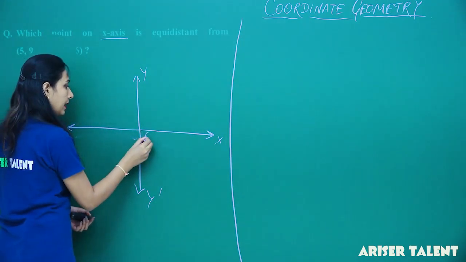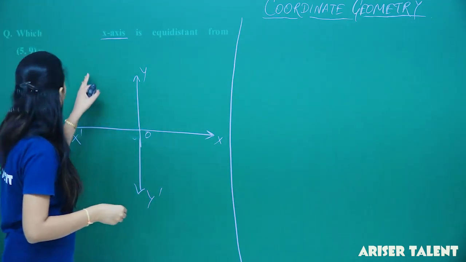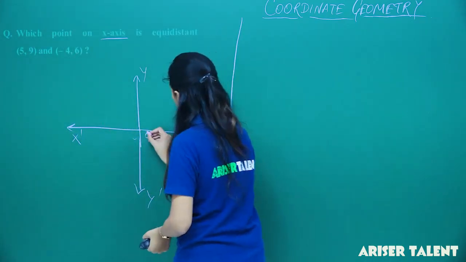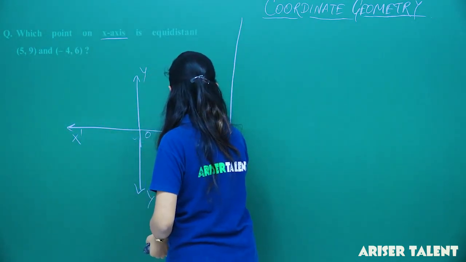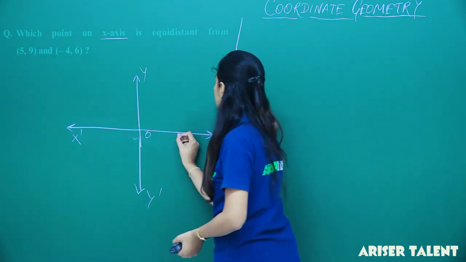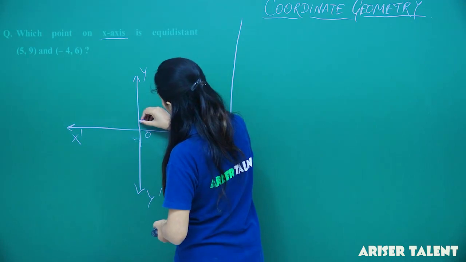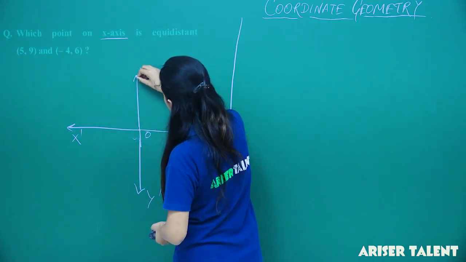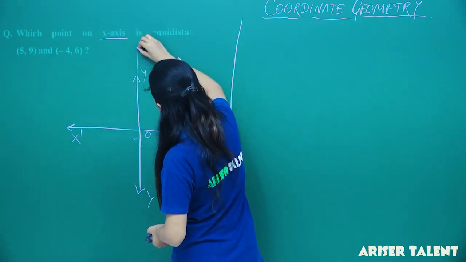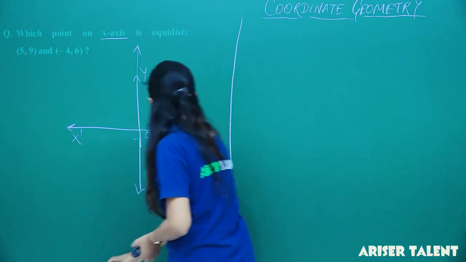So that will be x'ox. So if I am talking about this 5 and 9, so 1, 2, 3, 4, 5. 5 will be something on the x-axis. Here, let's suppose it's 5, and 9 on y, it's 1, 2, 3, 4, 5, 6, 7, 8, 9. Y will be something like here. So I'll be extending this y.